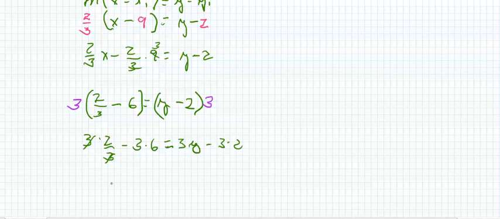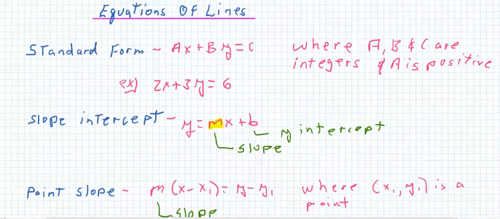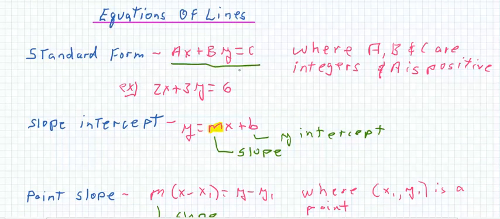We distribute and end up with 2x, I lost my x here, minus 18 equals 3y minus 6.